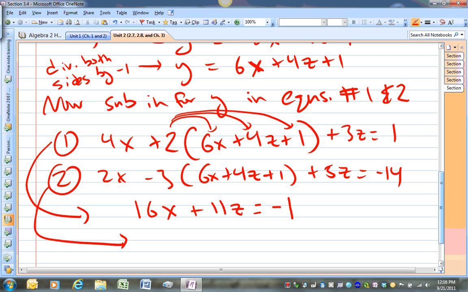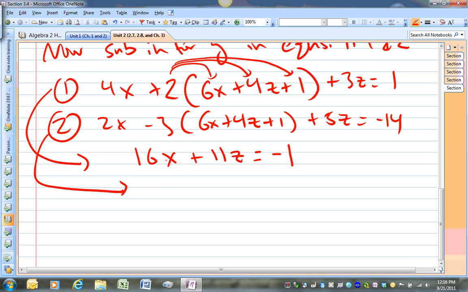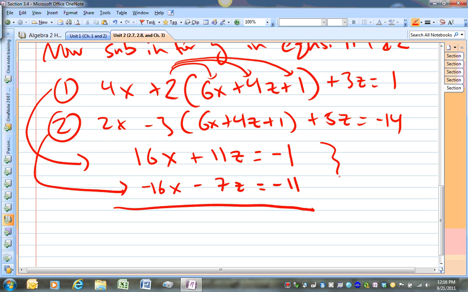Okay, again, for the next equation, you get negative 16x, negative 7z, and negative 11. So now you have two equations with two variables.